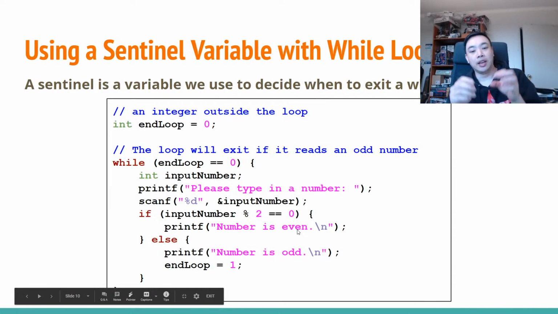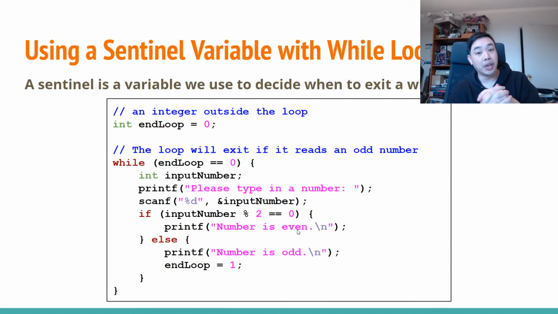We can get it to say, keep running if I keep giving you even numbers. However, if I give you an odd number, stop running. We could have done this with our dice checker last week. We could have said, keep running if I give you numbers that are below 1 or higher than 6. So if I give you invalid numbers, you keep running again, keep asking me for numbers.